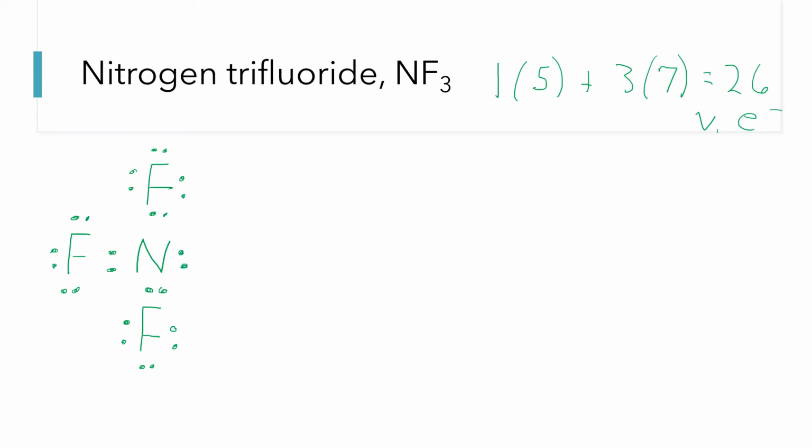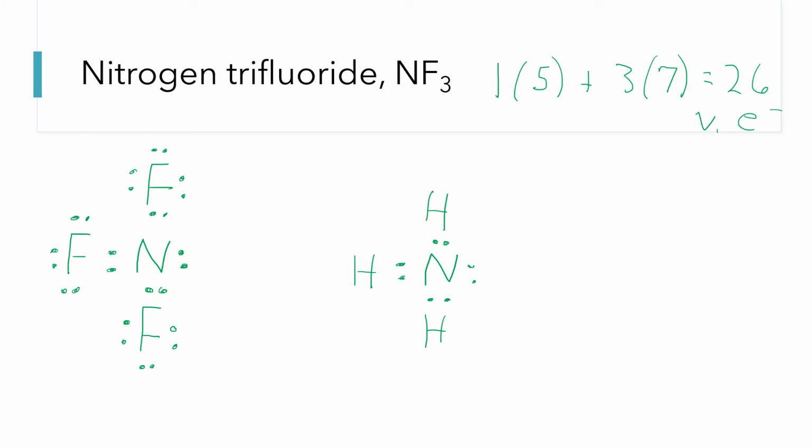Those leftovers will go on our central nitrogen atom. Now, I'd like for you to compare this to the structure that we drew for ammonia on the previous slide. In that structure, we had 3 hydrogens instead of 3 fluorines, and each hydrogen had its duet. I hope you recognize that these are very, very similar structures.